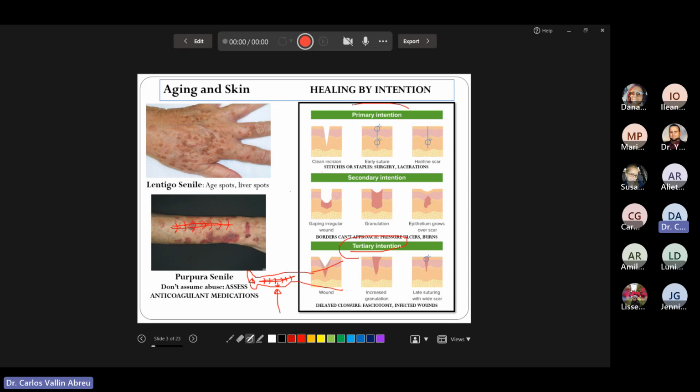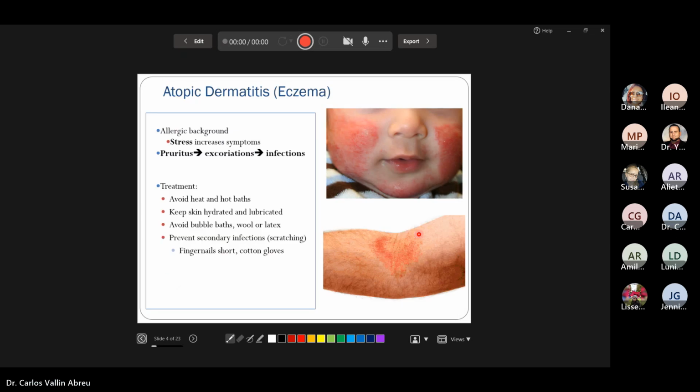So it's the same as the primary intention, but delayed until the moment is appropriate. So I hope that you understand the difference between the three and you can use examples of each one in case it is tested.